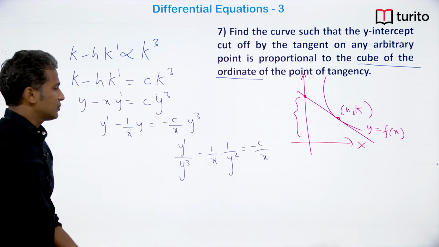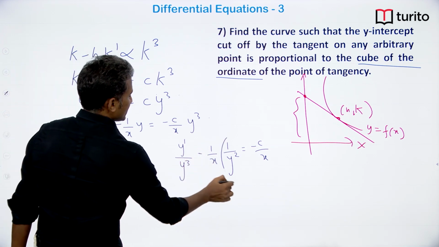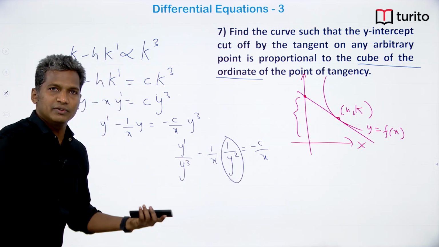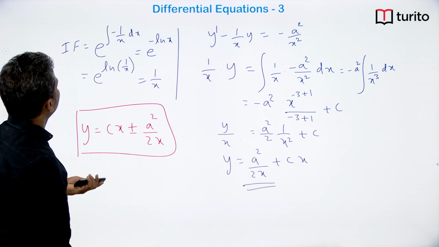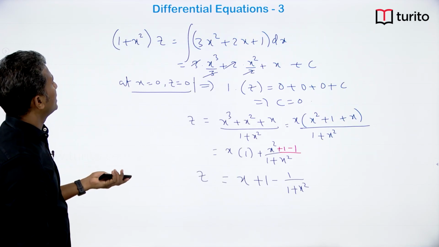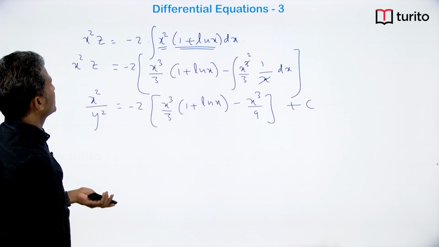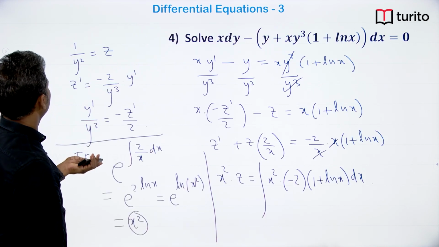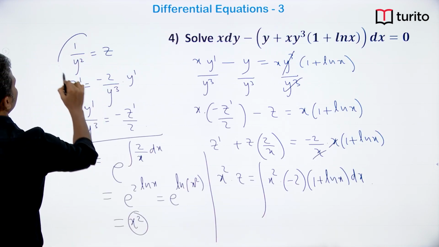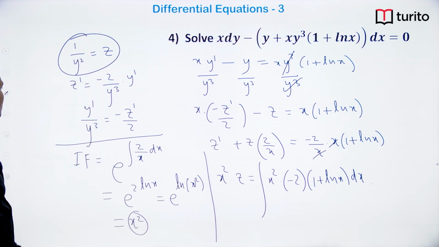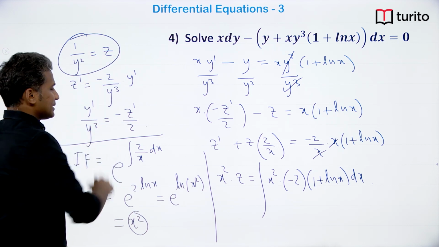So you know our approach: we take 1 by y square as z, which is our new variable. We have just done it in the earlier question, where we took 1 by y square as our z. So if 1 by y square is z, y dash by y cube is minus z dash by 2.